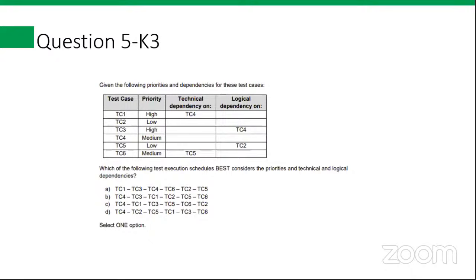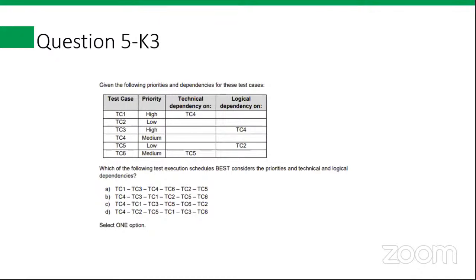So if you see here, high priority is given for test case 1 and 3. So you will definitely start with test case 1, test case 3. But if you check the logical dependency, technical dependency column, you'll come to know that test case 4 has a dependency, which means 1 and 2 get executed only if 4 is getting executed. So the order would be 4, 1, 2 or 4, 2, 1.